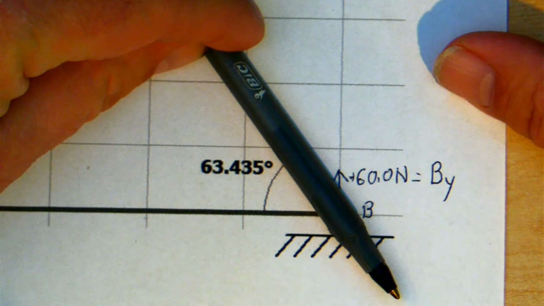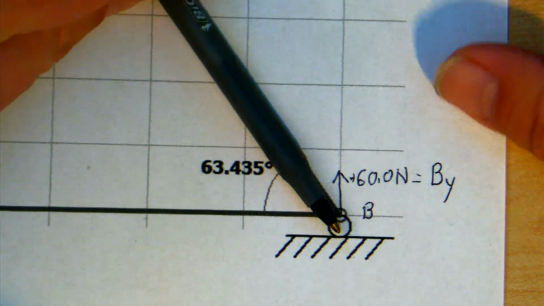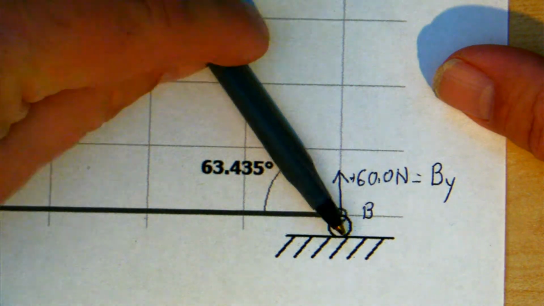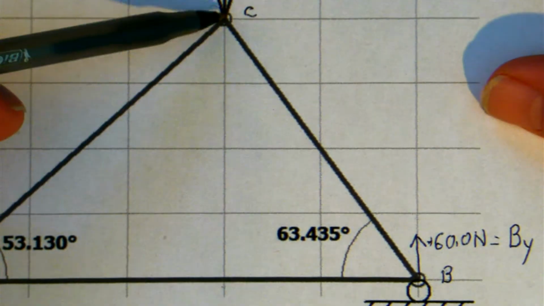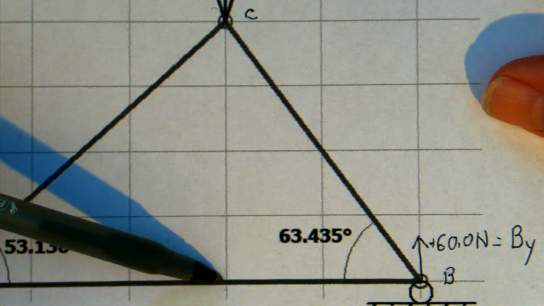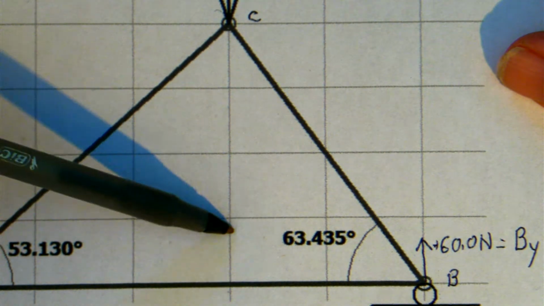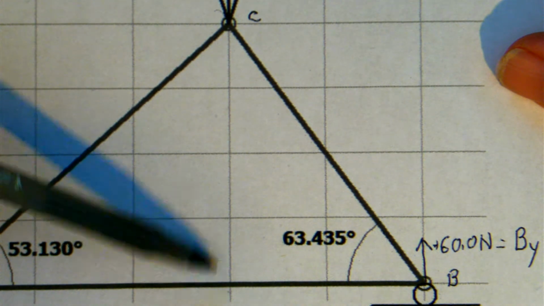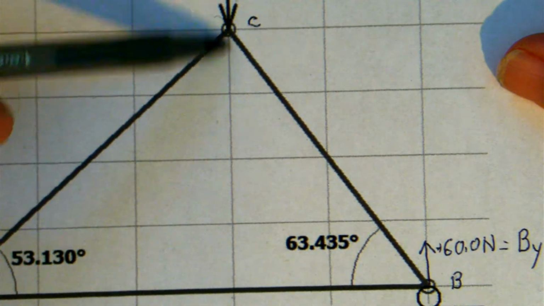of force. But it can't push vertically because it's along a diagonal. So I can only say that the vertical component of member BC must be 60 newtons. And that it is a right triangle that is similar in its components. So if it's 2 meters translation horizontally and 1, 2, 3, 4 meters translation vertically, then in this right triangle here, the ratio of vertical to horizontal is 2 to 1.